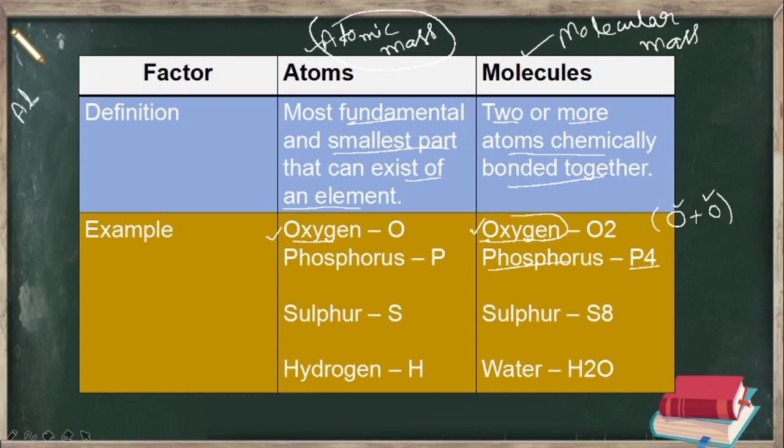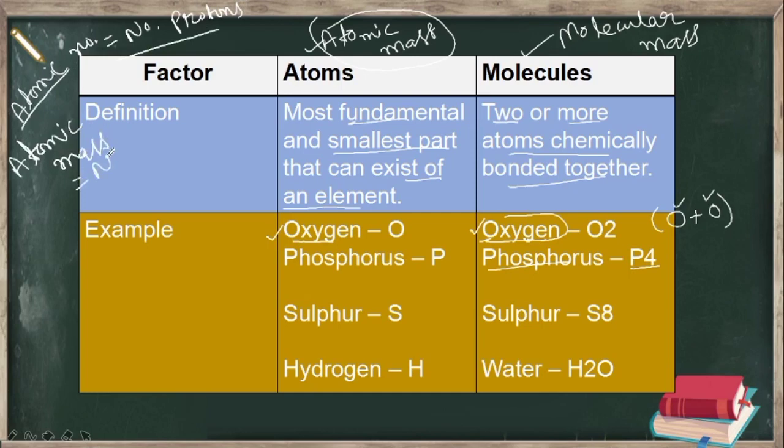Atomic number is the total number of protons present in the nucleus of an atom. Whereas atomic mass is the total number of protons plus neutrons present in the nucleus of an atom.